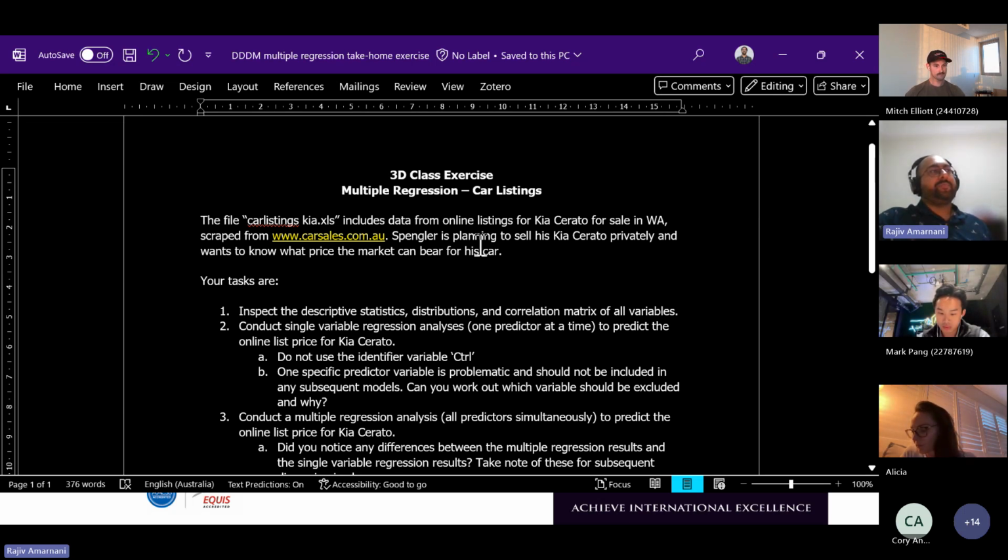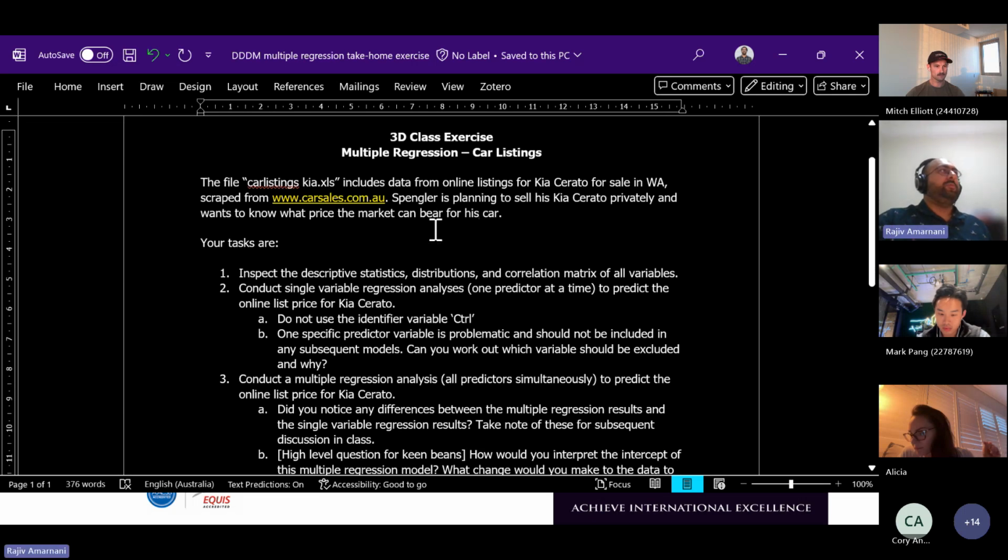In this vignette, we've got Spengler, who's trying to sell his Kia Cerato and wants to work out how much to price it for. This is a fairly common thing. You're going to sell your car, trying to work out what's a reasonable price. So we've pulled together some data from car sales: every single Kia Cerato with the S badge on sale in WA.